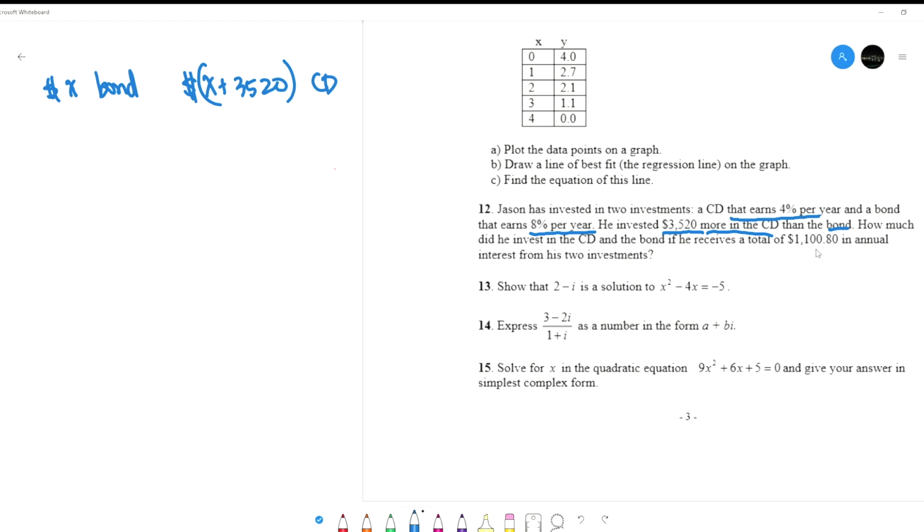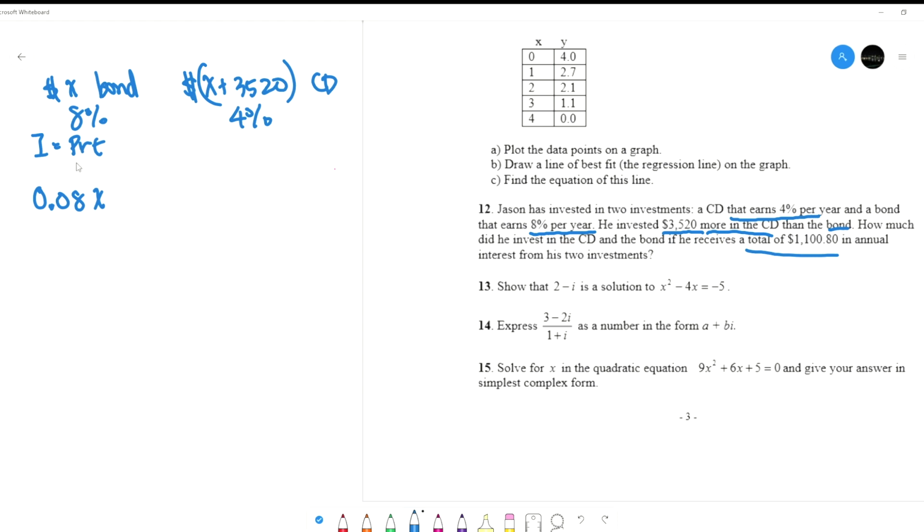Now the interest he earned total from both is $1,180. Okay, so I is equal to PRT, right? So we have to do this for both. So let's see here. We have 4% for the CD, and the bond is 8%. So for the bond, it is 0.08x, right?